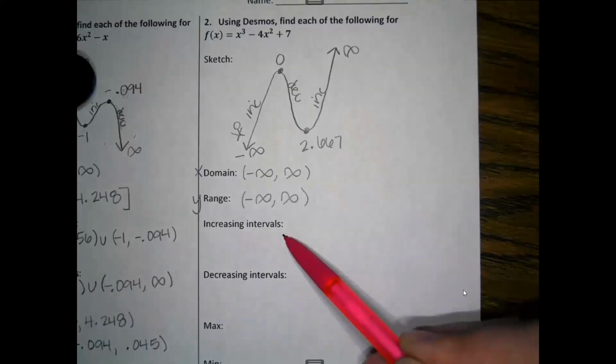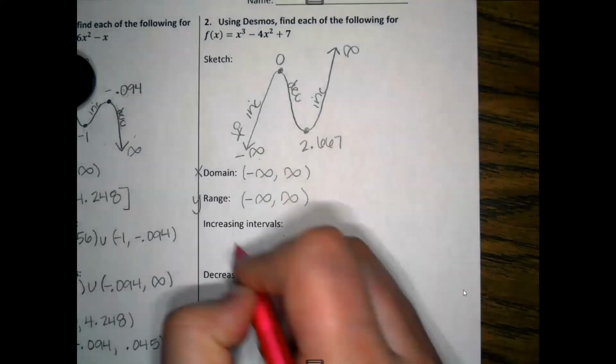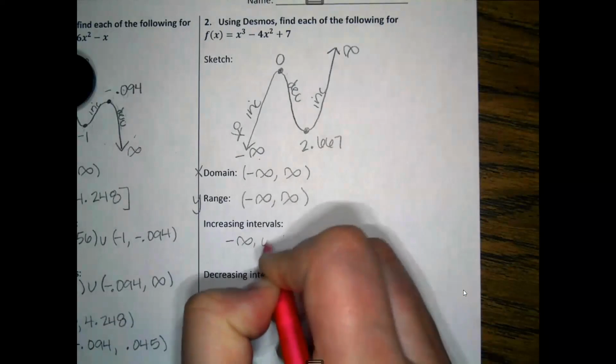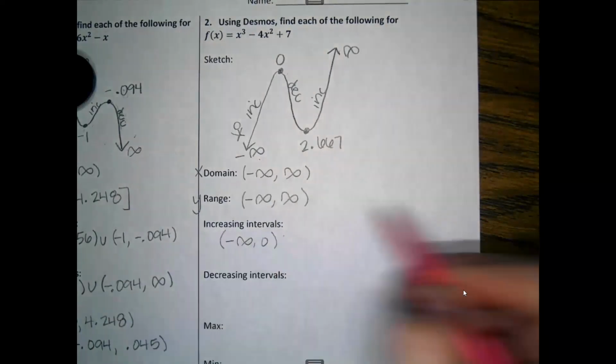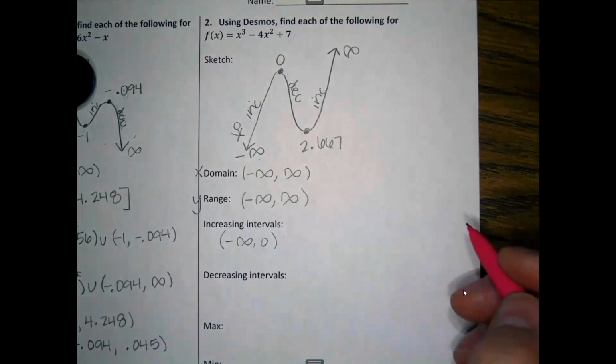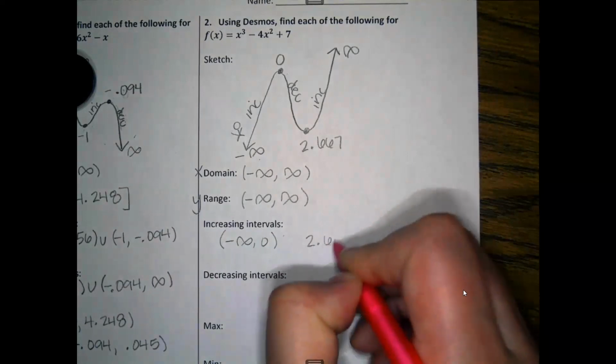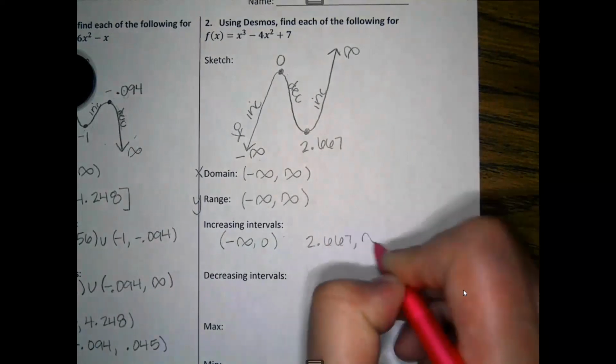So what should I write for an increasing interval? Yeah, negative infinity to 0. And I'll put parentheses around it. What's the other increasing interval? Perfect. Okay.